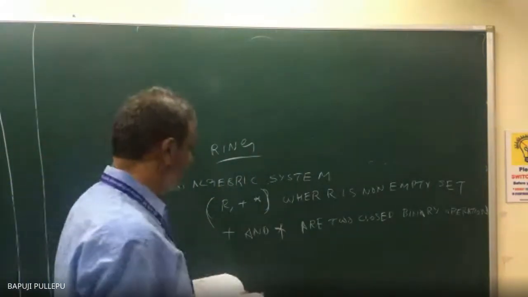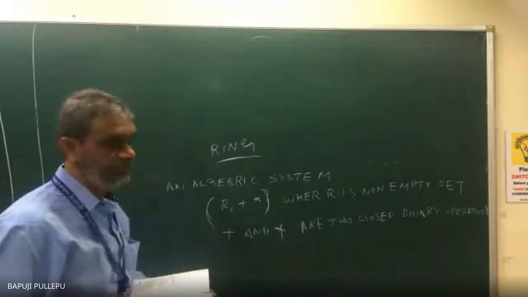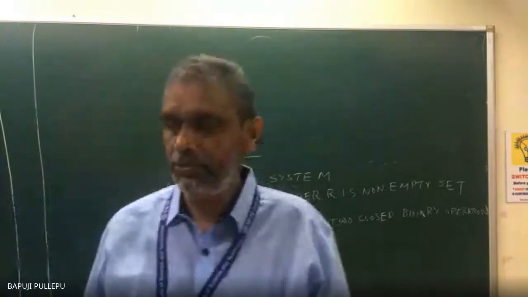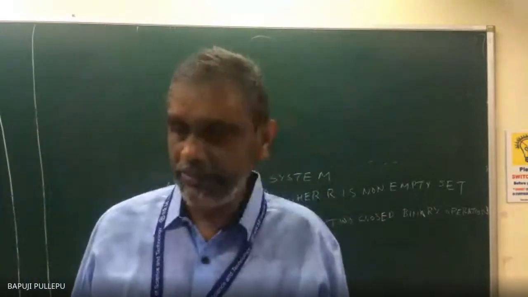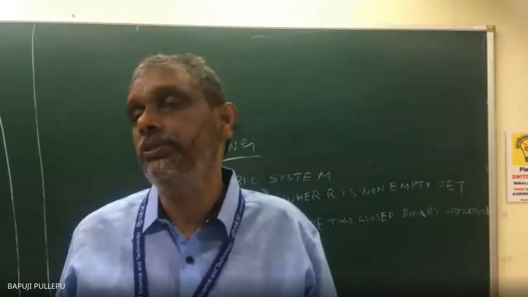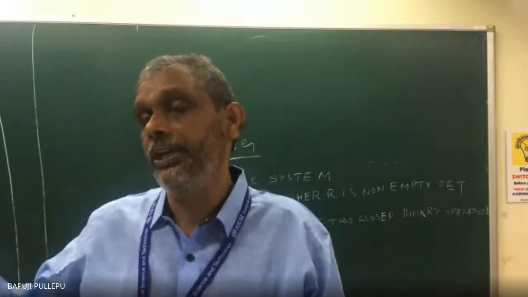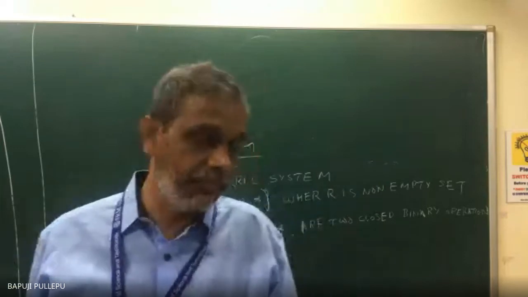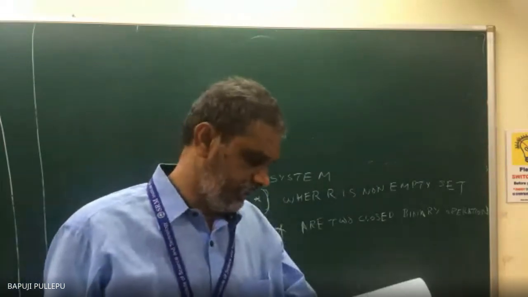This plus does not necessarily mean addition and star does not mean multiplication. Some rule they may define actually. They may define a plus b equal to a square plus b square plus 2ab, like this. Some operation actually, not the ordinary one.